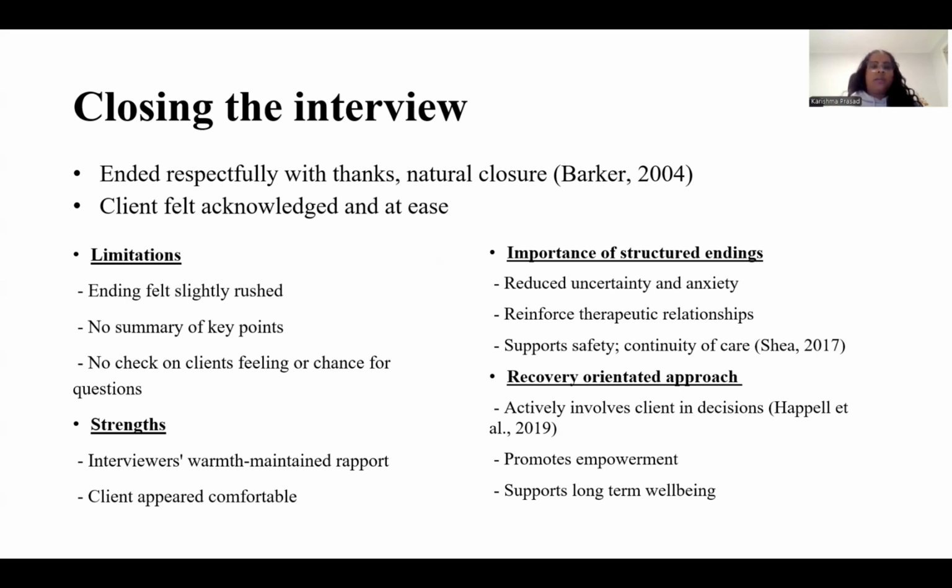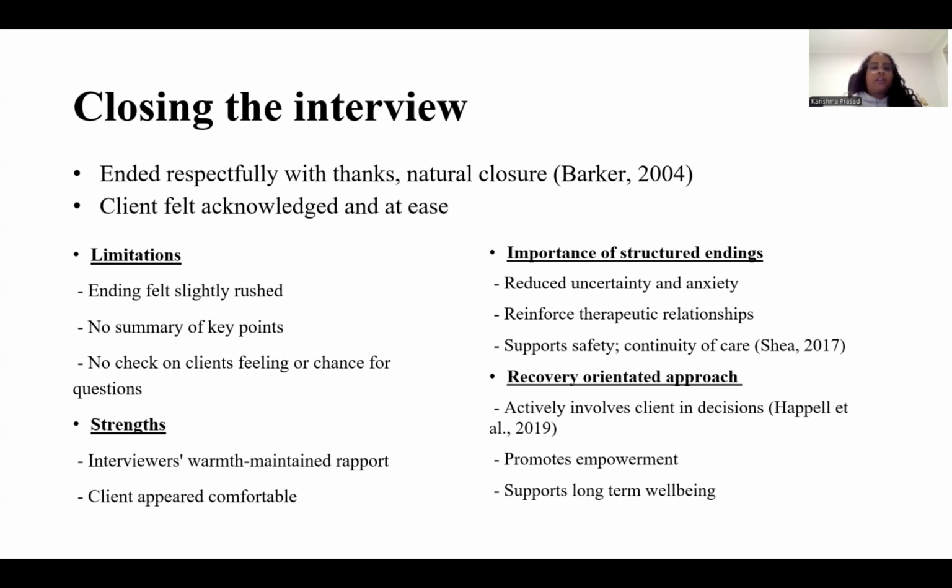The interviewer's warmth and ability to maintain rapport helped the client feel at ease throughout the discussion. However, the closing stage could have been further strengthened by drawing attention to the client's personal strengths and engaging them in collaborative planning for ongoing care.